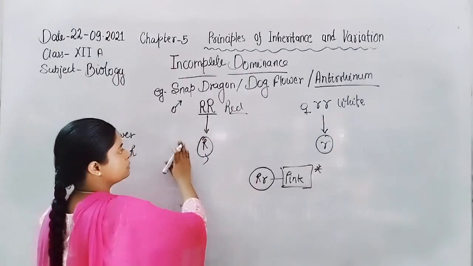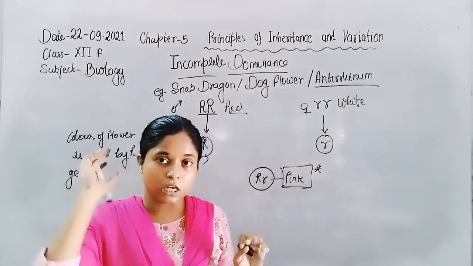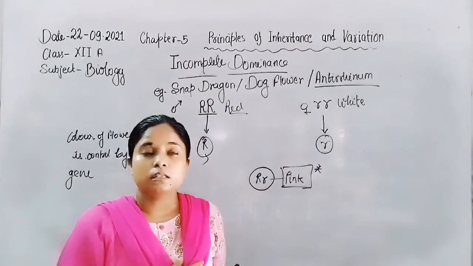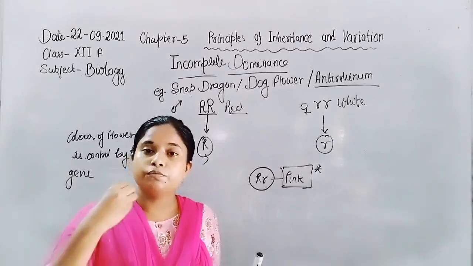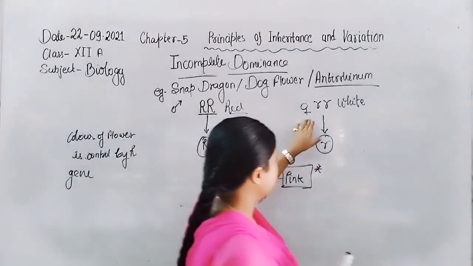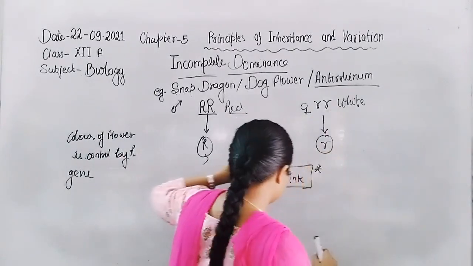The enzyme synthesized by a plant which has both R alleles is produced with full efficiency, but in the case of small r both, there is no production of enzyme.